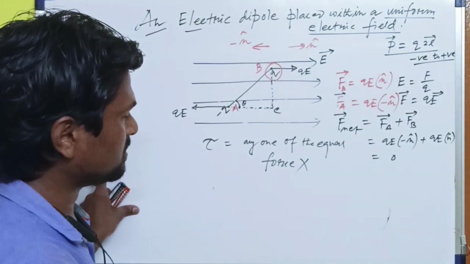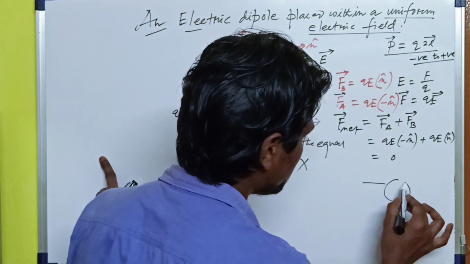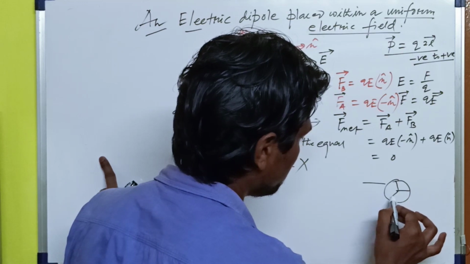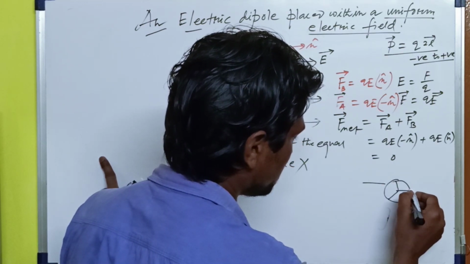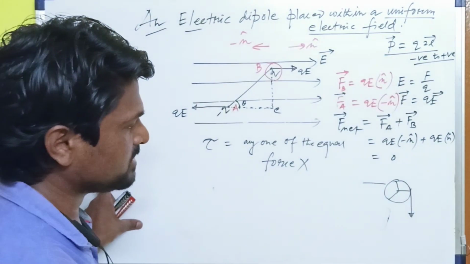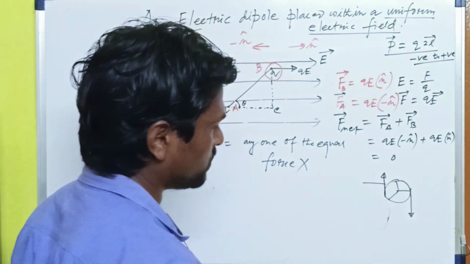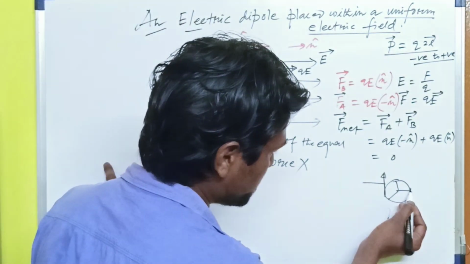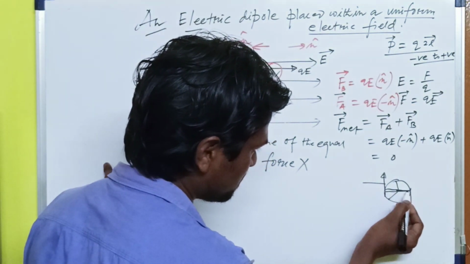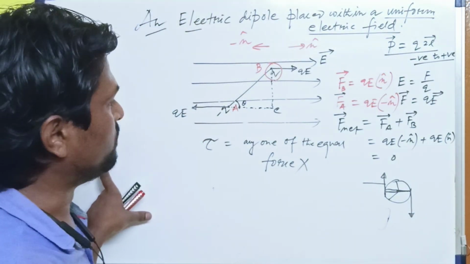perpendicular distance. What is perpendicular distance? Suppose this is a steering wheel, and you act with your right hand along this direction, and another force acts along that particular direction. So the diameter of the steering wheel is here the perpendicular distance between the equal forces.